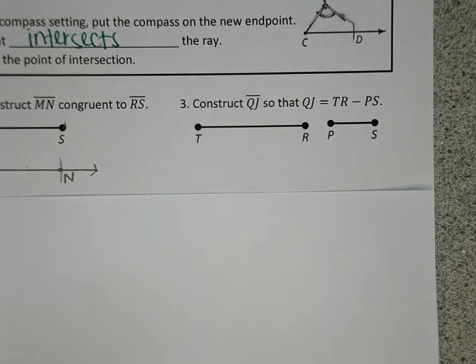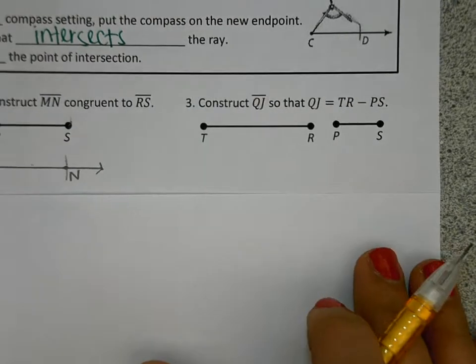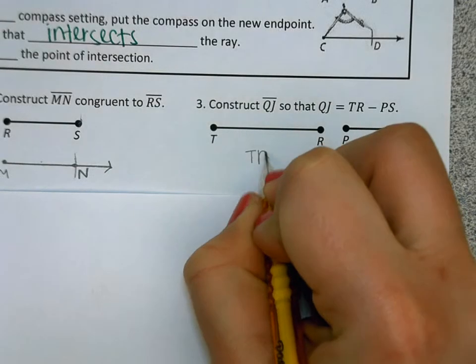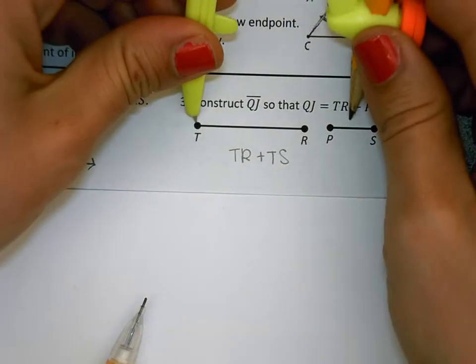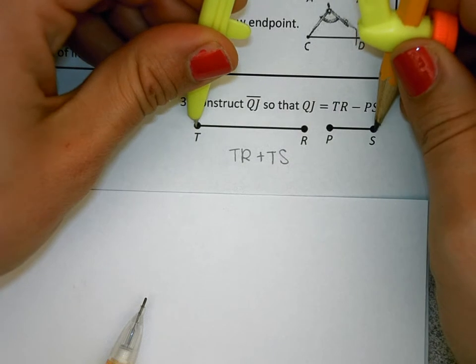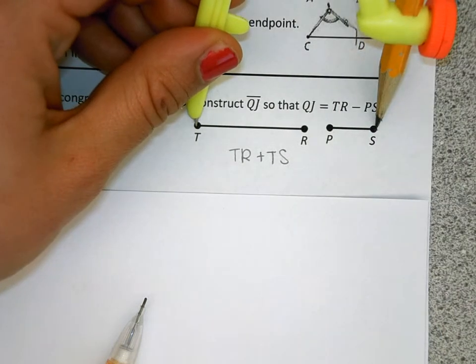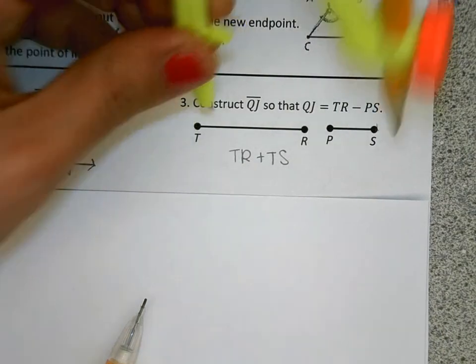You would make it as long, well, how would you measure PS, because there's a space in between. So if I was making TR plus PS, Jen said we could just do this. But is that right? No. There's a space. So what could we do?